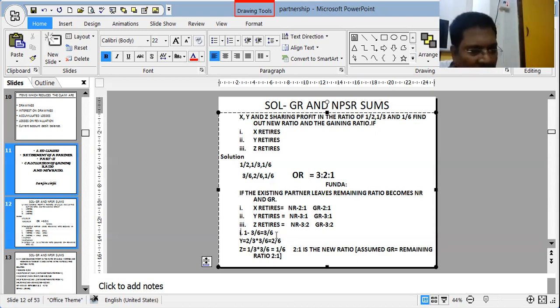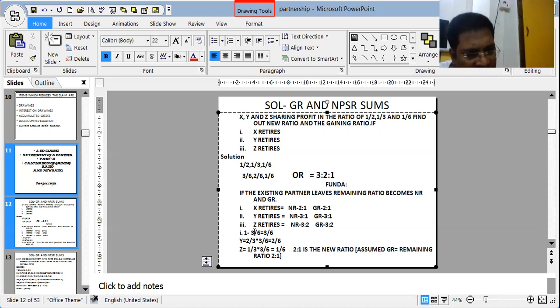Then Y was getting 2:1, that means 2/3 of the left portion. The left portion of the cake is 3/6. And Z is 1/3, because of the ratio 2:1. 1/3 of 3/6 is 1/6.